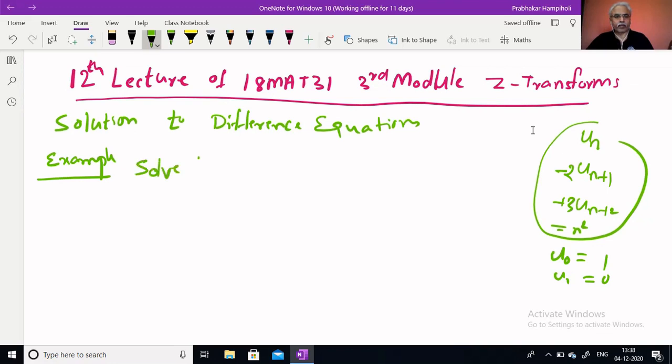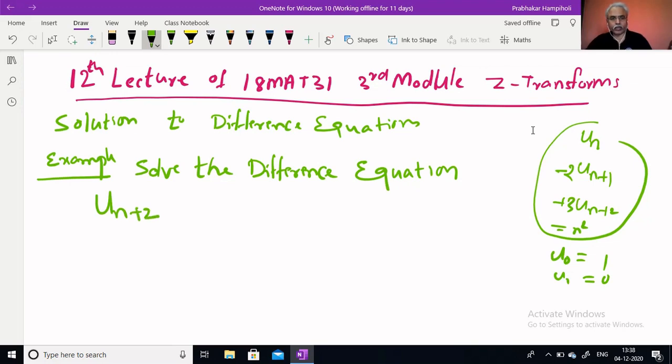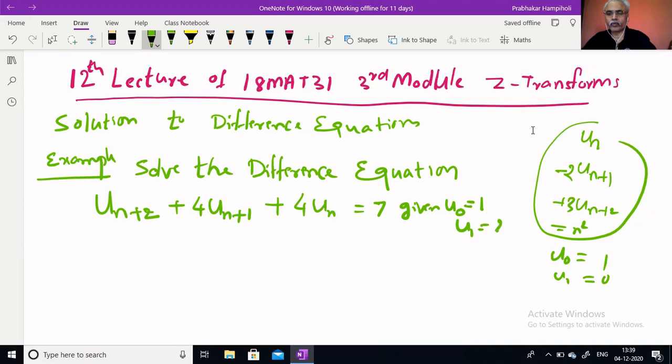Solve the difference equation un plus 2 plus 4 times un plus 1 plus 4 times un equal to 7, with the given initial conditions u0 equal to 1 and u1 equal to 2.